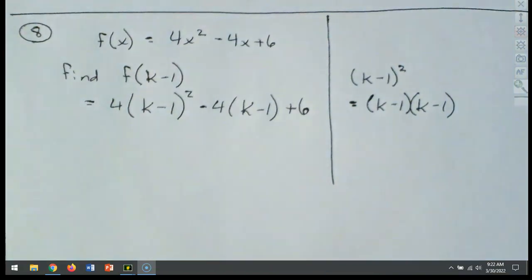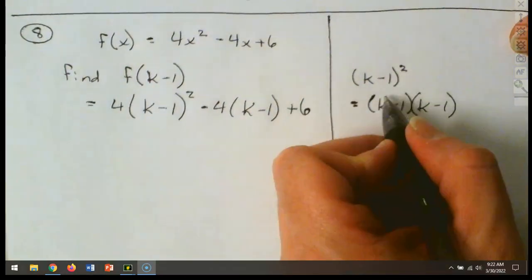When we get to the later chapters, the next chapter, which is I believe 4, because we'll skip 3, we're going to talk about polynomials and how to FOIL them out, and how to multiply and divide them. So k minus 1 quantity squared is written out, and now we're going to have to FOIL.